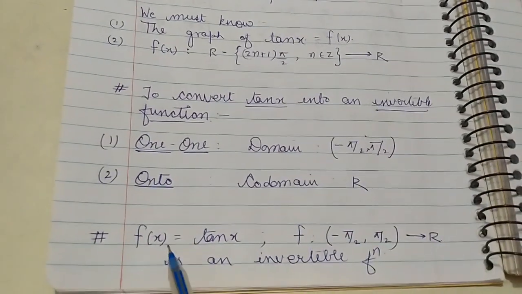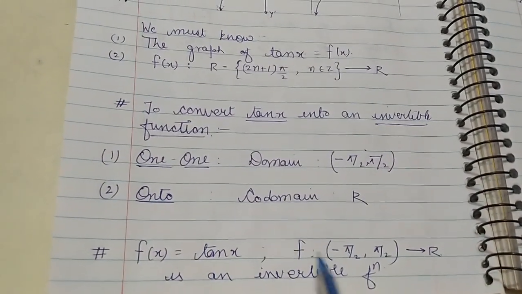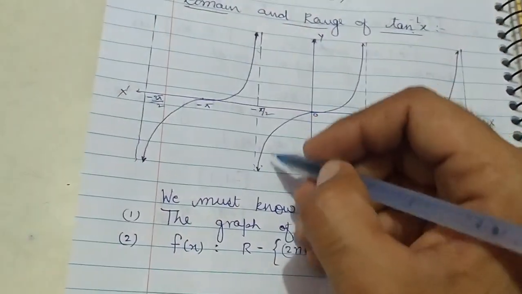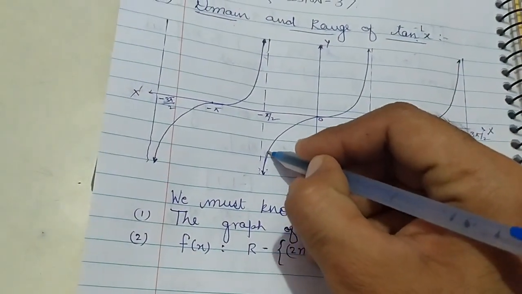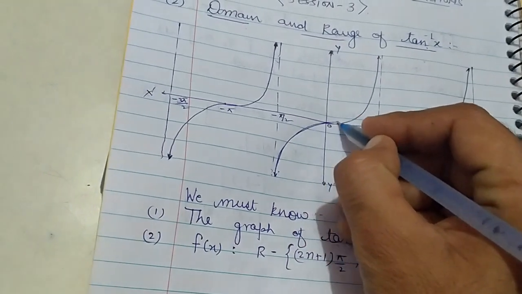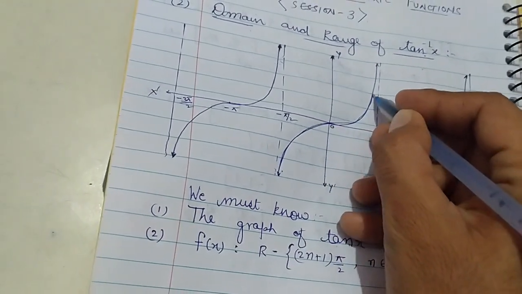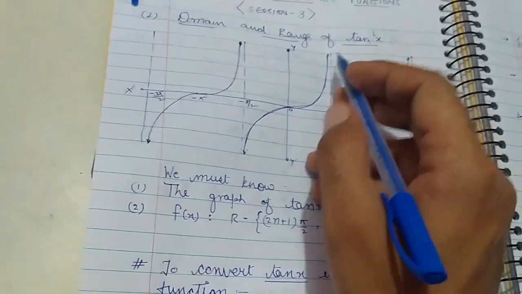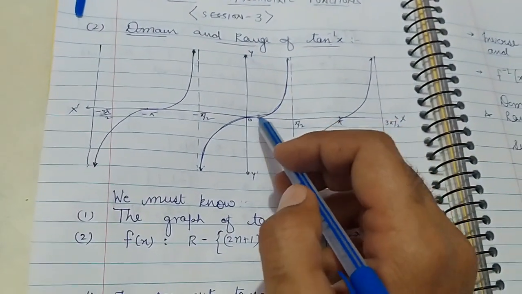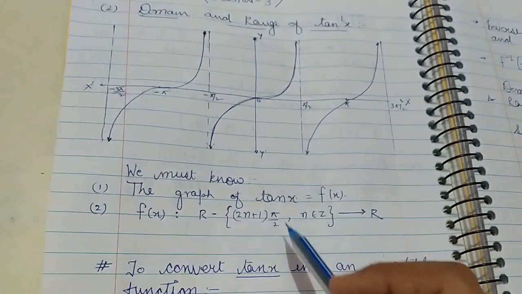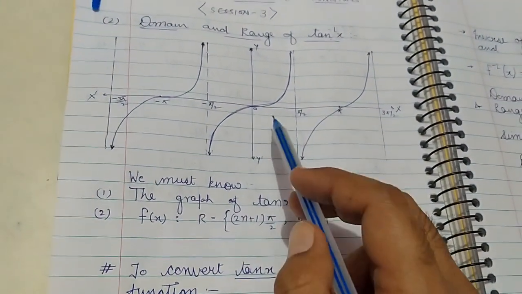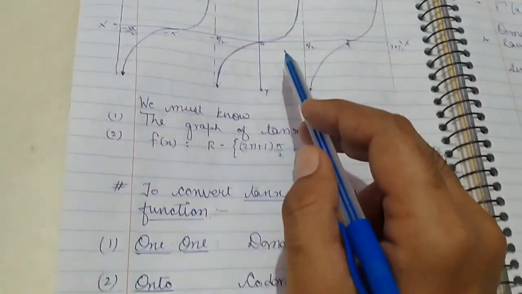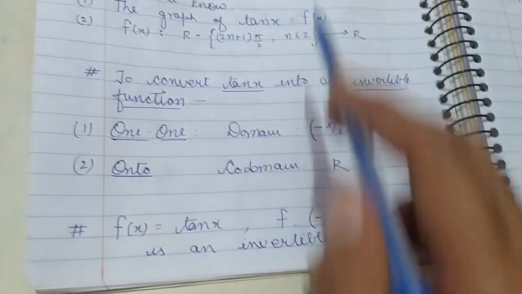So if the function tan x is defined from minus pi by 2 to pi by 2, that means we consider this portion of the graph, minus pi by 2 to pi by 2, and for this portion of the graph tan x will become a one-one and onto function.